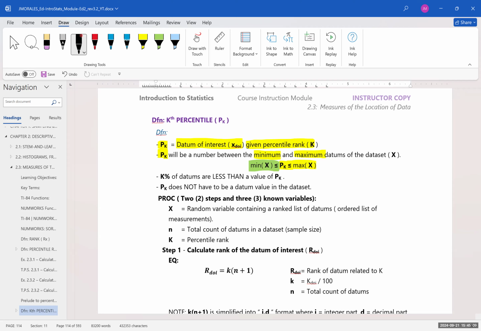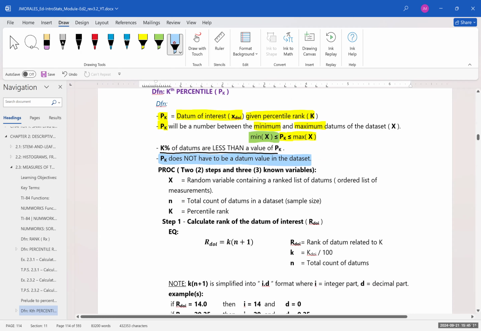So the kth percentile is where k% of the datums are less than a value of your kth percentile. And here's an important note. The kth percentile does not have to be a datum value in the data set. And I'll allude to that later when we do some examples.